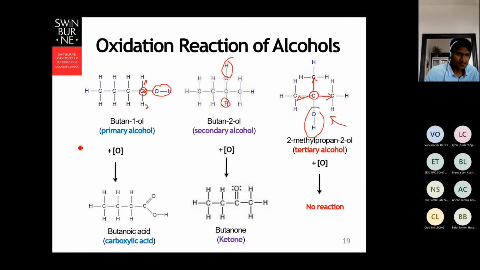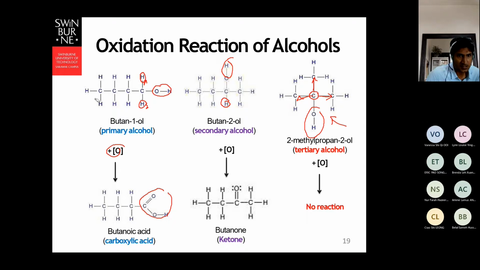So for this primary alcohol, the oxidizing agent provides oxygen, and it produces this carboxylic acid. These two hydrogens are removed from here, and one oxygen came in.